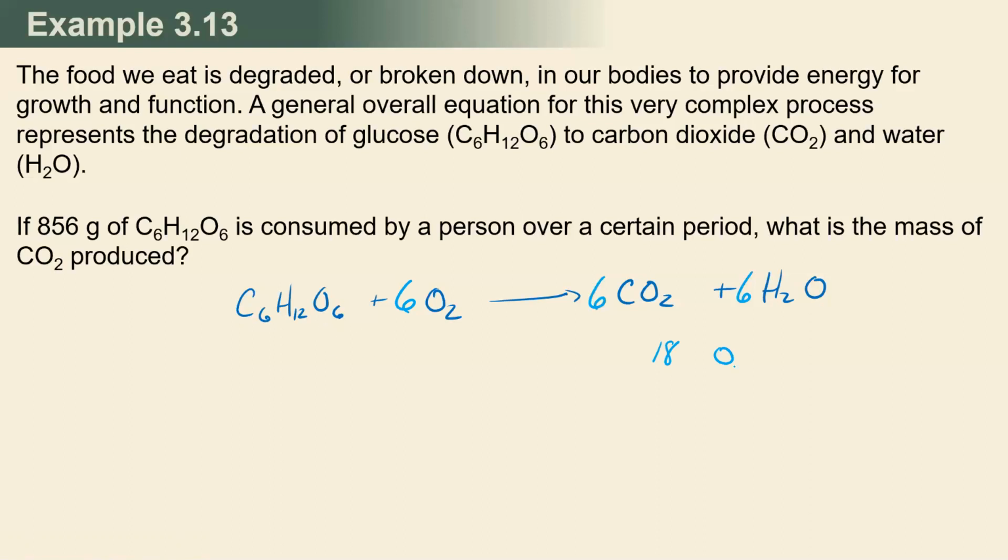So sugar C6, wait. Go ahead. Why did you subtract the 6? So on this side, we had 18 oxygens. I don't want to mess with the coefficient in front of the sugar because that's going to change my carbon and my hydrogen.